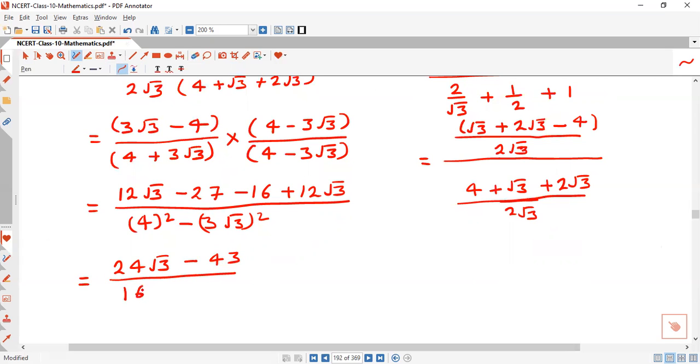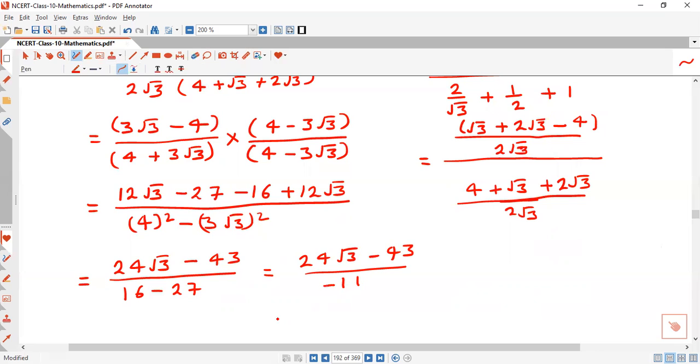4 square means 16, and 3 root 3 whole square means 9 into 3, 27, minus 27. So the answer will be 24 root 3 minus 43 divided by 27 minus 16, which is 11, minus 11.